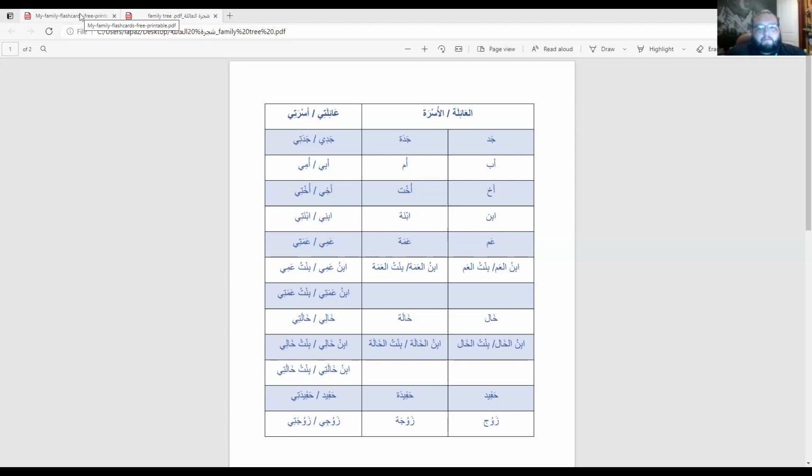I prepared some flashcards. We'll first go with the flashcards, and then with a table that I prepared for the العائلة with حركات and all the letters. So let's start with the first one.